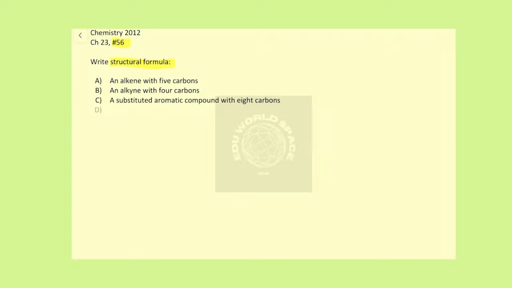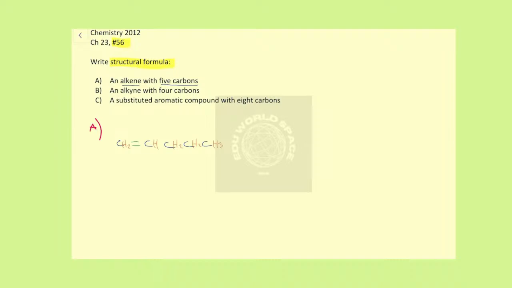Then we have CH2, CH2, and CH3. So that's the structure I came up with for part A. And again, that double bond could be anywhere else in this structure, so that's just where I wanted to put it.